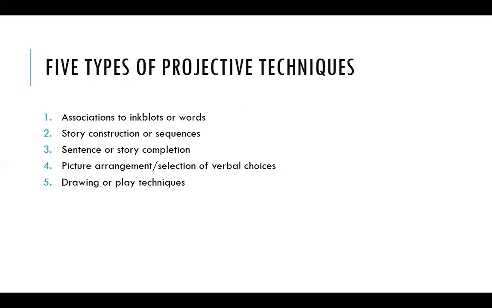When we're talking about projective assessments, there are 5 main types of projective techniques. When we're talking about that kind of ambiguous stimuli, these are the types of stimuli provided to the individual taking the test. The first technique would be associations to ink blots or words.